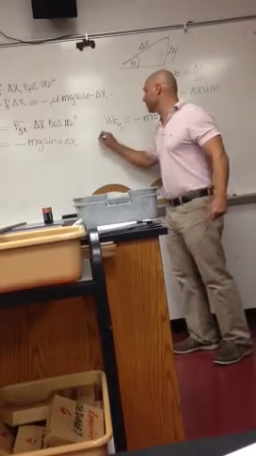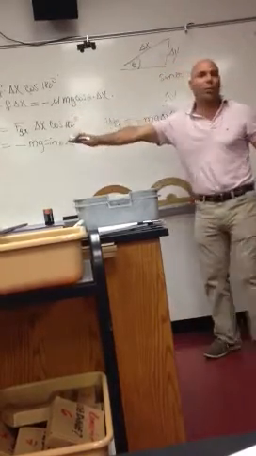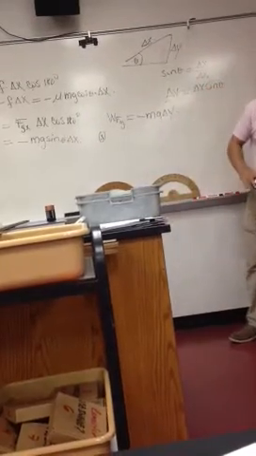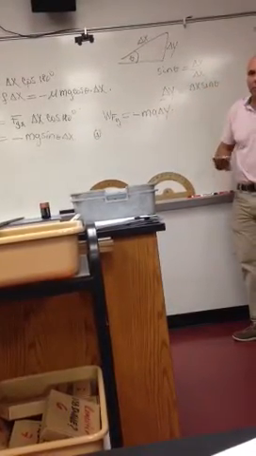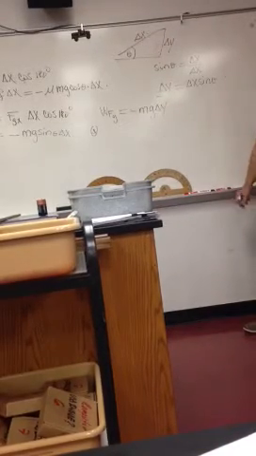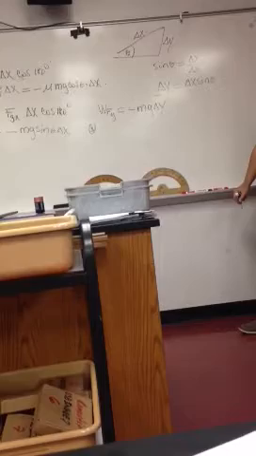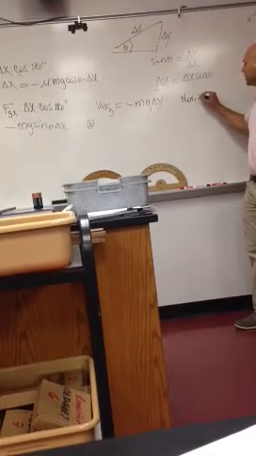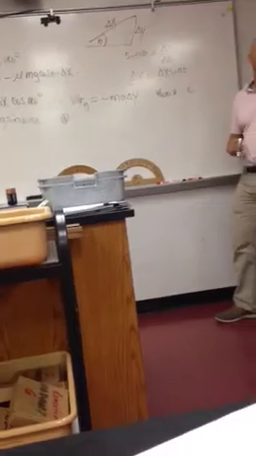Number 1, when we are moving something horizontally, what is the work done by the gravity? 0. Everybody? Yeah. So if delta y is 0, how much will be the work done by Fg? 0. So when it's horizontal, there will be 0 work done by the gravity.